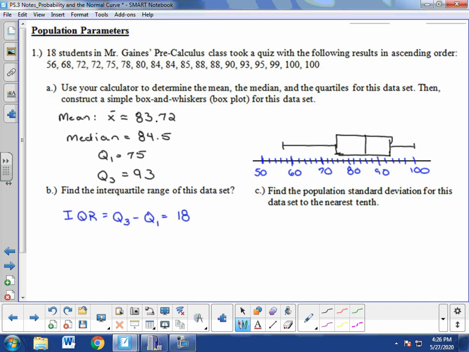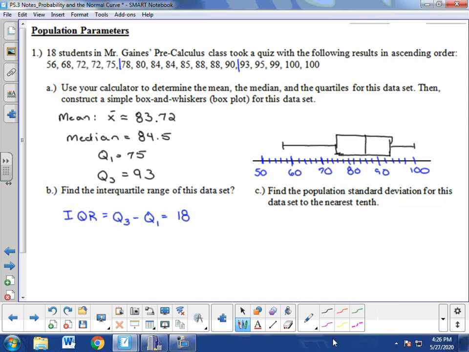Now, one of the things that we would ideally see here is 50% of the data would lie in between those two values. And so if we check this, if we have perfectly distributed data, 50% of our scores would lie within this interquartile range. If I go ahead and take a look at my scores, this is where quartile 1 would be cut off, and all the way up to quartile 3 would be cut off there.